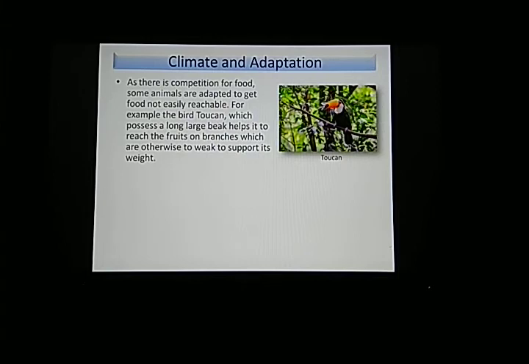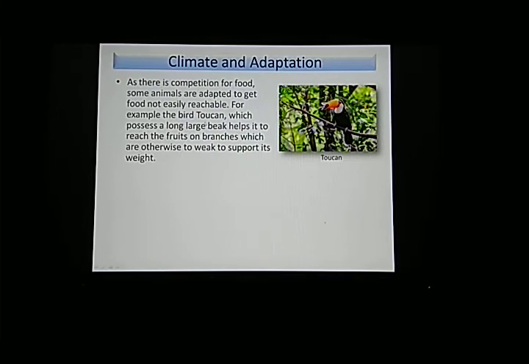It mainly feeds on fruits, small nut-type fruits. Whenever there is a fruit, it doesn't need to go to that exact branch, because sometimes the branches are so thin that they can't hold the weight of this bird. So with the help of its large beak, it directly goes to capture that food.